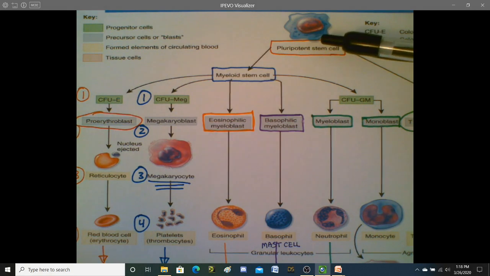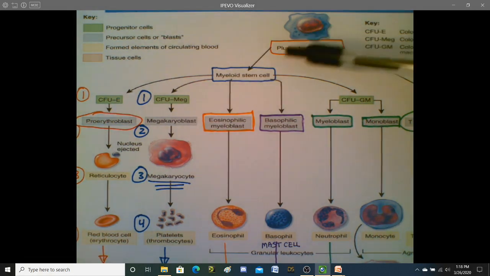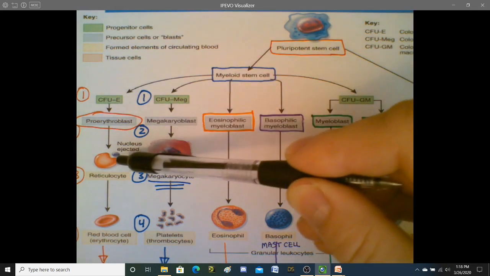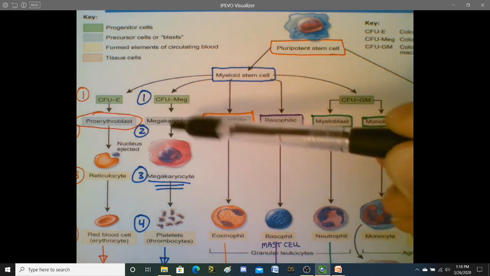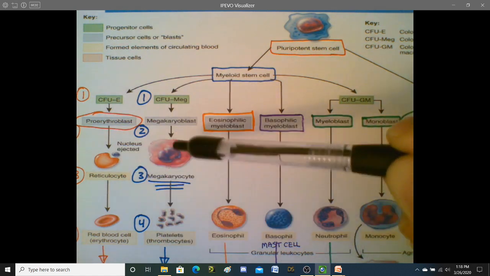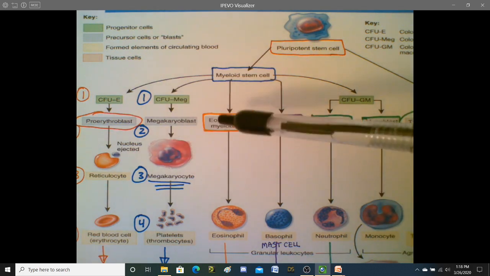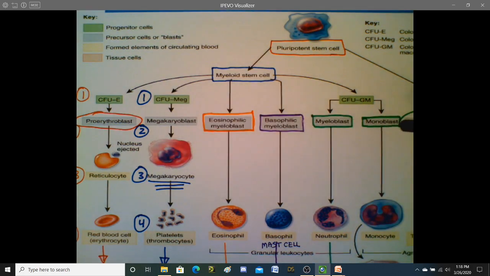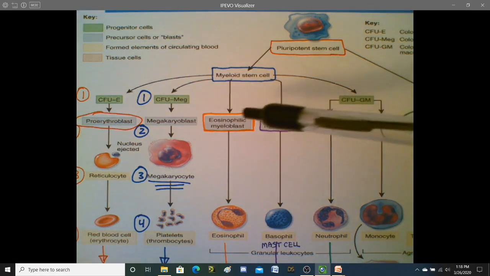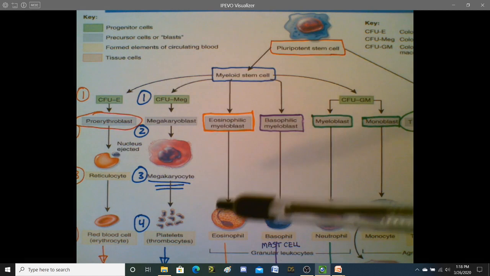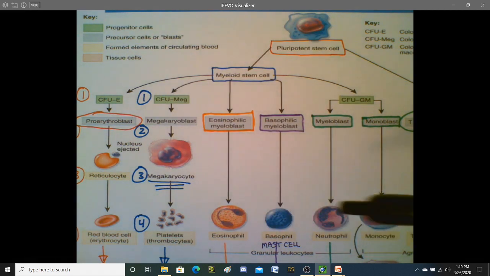So make sure that you understand the pluripotent stem cells become myeloid, and then if we need to make erythroblasts, the myeloid stem cells become reticulocytes. All right. If we want to make thrombocytes, they become megakaryocytes. And then you don't really have to worry about these intermediary cells for the white blood cells. I just want you to realize that myeloid stem cells can then become eosinophils, basophils, neutrophils, and monocytes.